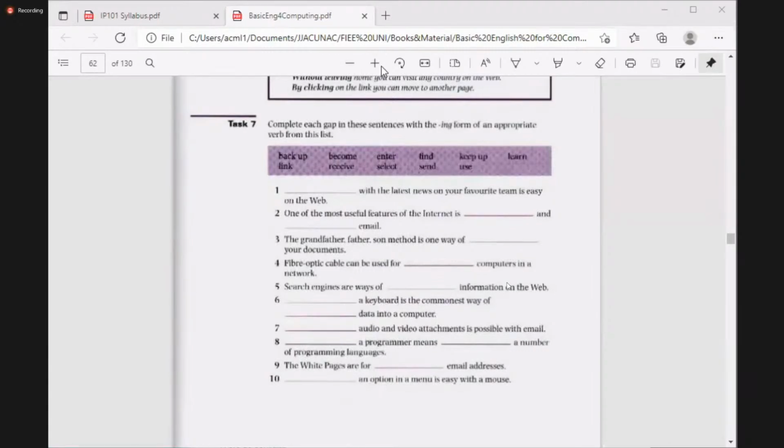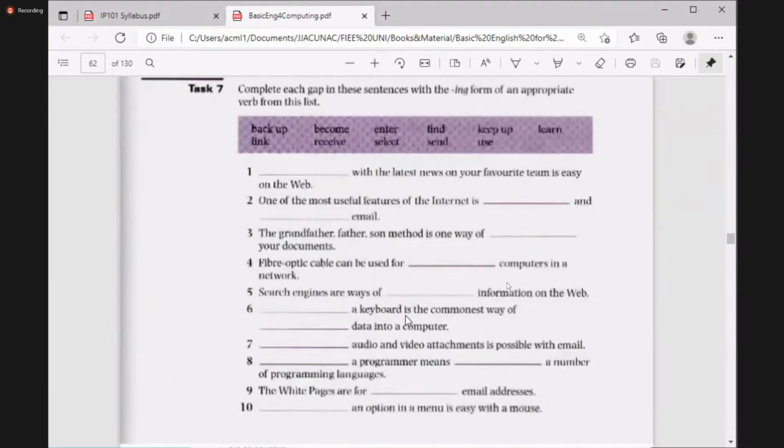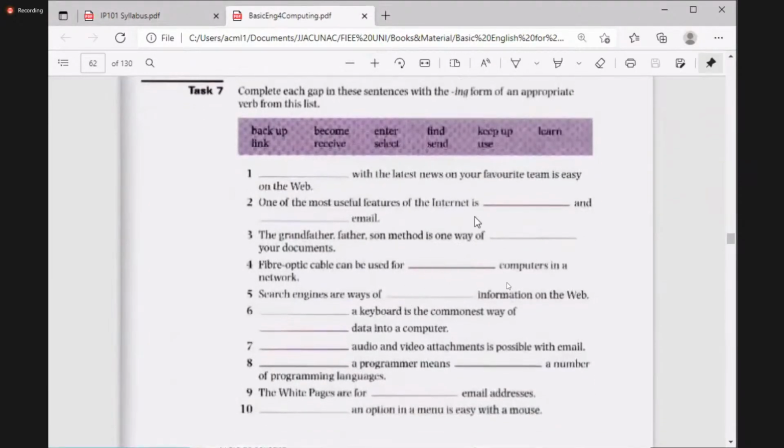Let me put this a little larger for you. Okay, there I have. So we can say, keeping up with the latest news on your favorite team is easy on the web. So what is the action? The action in this case is keeping up with.